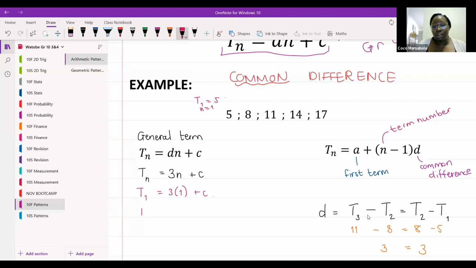But now 3 times 1 is 3. What do I need to add to this 3 to get to my number 5? Correct, Mfundo. I need to add 2. So that tells me that my c value is going to be 2. Therefore, c is equal to 2.